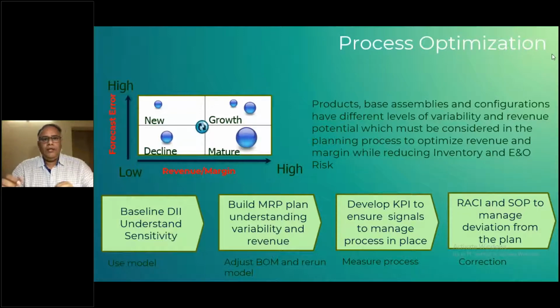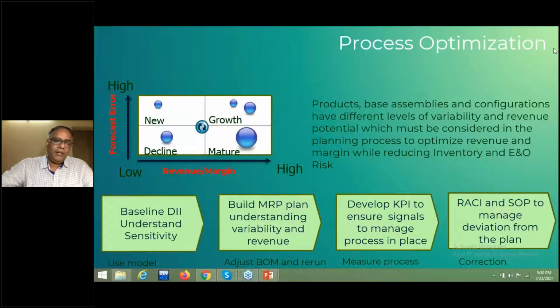So in this, we'll talk about process optimization. Basically, how the forecast errors, because one of the key factors in any organization is forecasting. Forecasting comes from whether you have near-term forecasting, long-term forecasting, or a long-term 3-year, 5-year plan forecast.